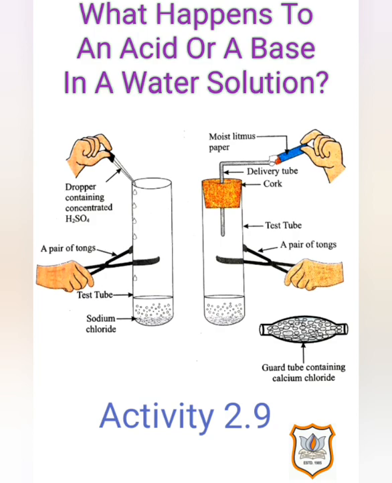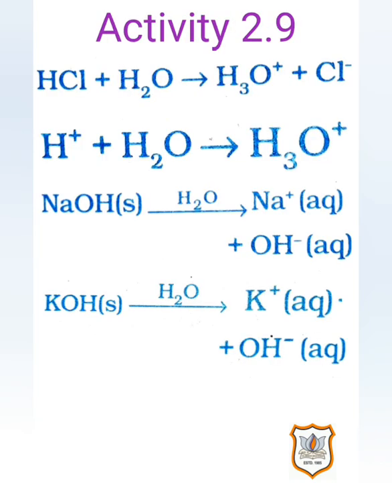We have discussed this in the initial part. On the basis of the above activity, what do you infer about the acidic character of dry HCl gas first of all and then HCl solution? So let us discuss it one by one. In the diagram, we observed that on adding concentrated sulfuric acid H2SO4 to the test tube containing NaCl, sodium chloride, the reaction takes place and dry HCl gas is produced.